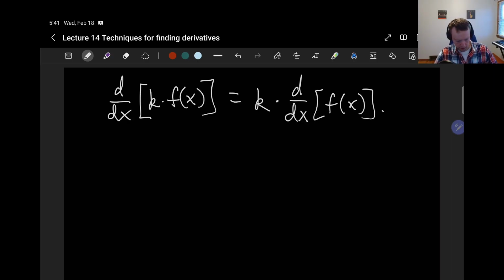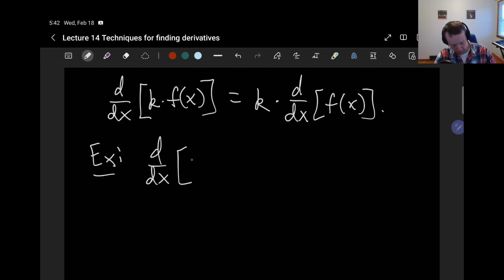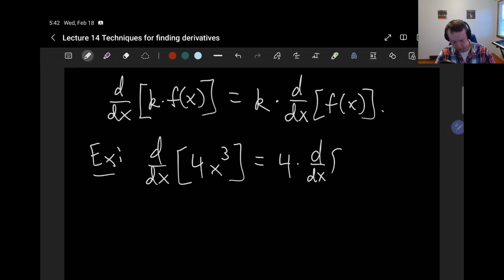So for example, applying this to power rule, if I'm taking the derivative of 4x cubed, then I can move the 4 out, essentially ignoring it, and then just get to taking the derivative of x cubed.